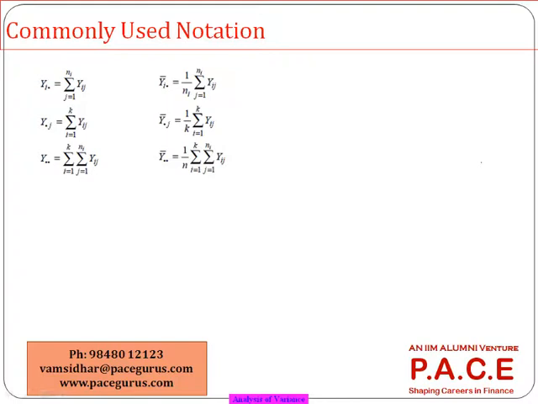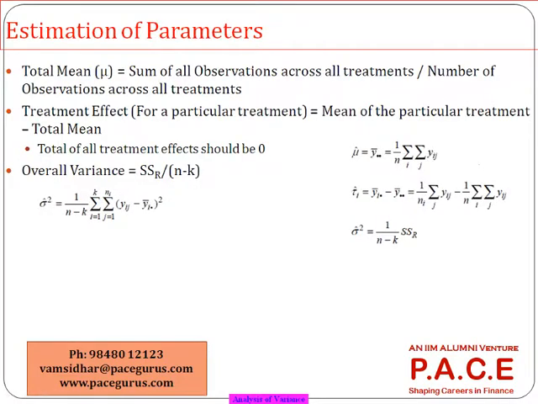And now what we are trying to do is, we are also looking at, once we have computed the total mean across all observations and we have identified the treatment effect, we are also trying to find out the total variability that is there across each of the observations.